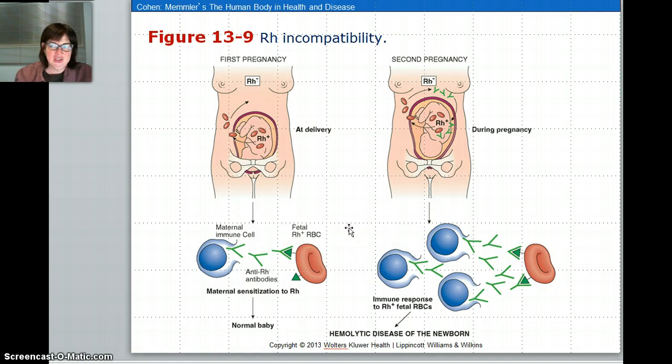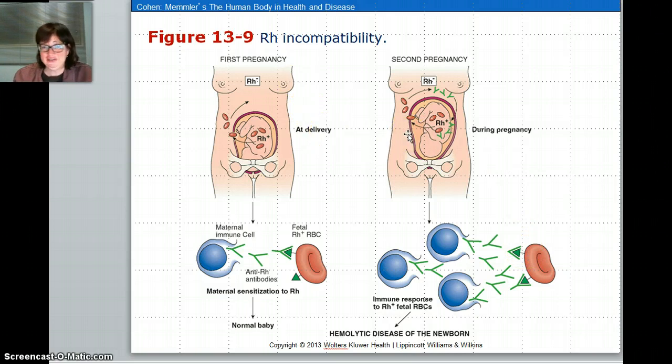Now, often during the second pregnancy, there can be problems and you're not even sure you have problems because you can have a miscarriage. If you don't have a miscarriage, you can have a hemolytic disease of the newborn, which means if the second child is Rh positive and the mother is still Rh negative and developed these Rh positive antibodies during the first blood exchange, her antibodies will attack the blood cells in the baby, resulting in big problems in the baby.